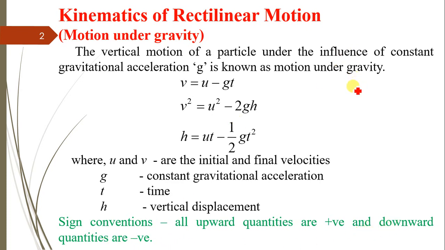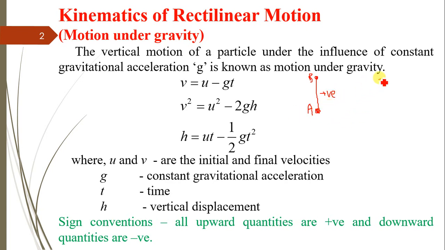It means that if this is the object at the start point and now it is displaced over here, so the initial position of the object is A and the final position is B. From A to B the motion is in the upward direction, therefore all the quantities are considered positive, meaning h is positive and velocity is also positive.